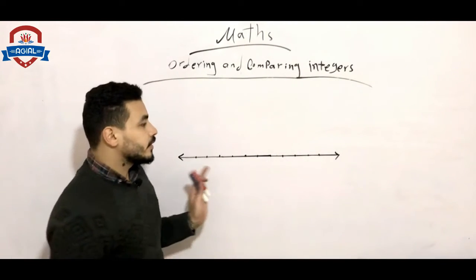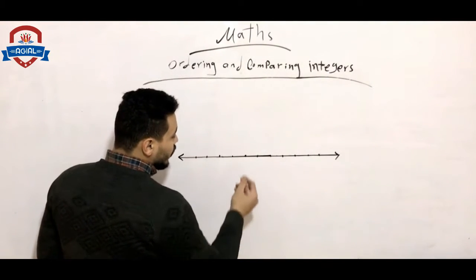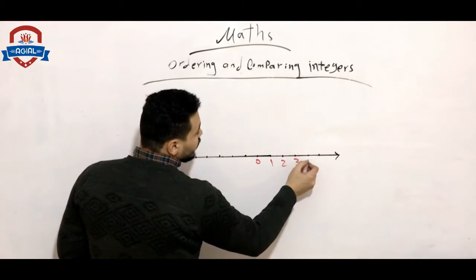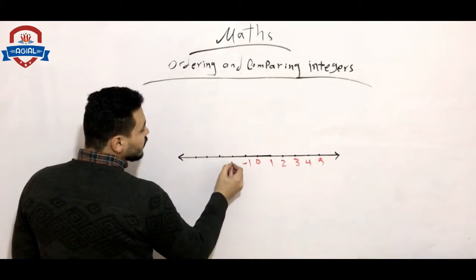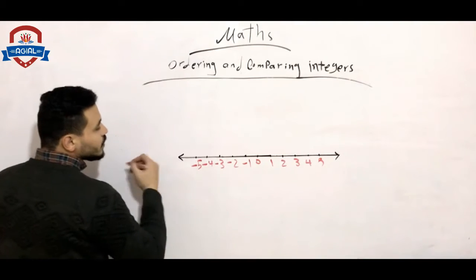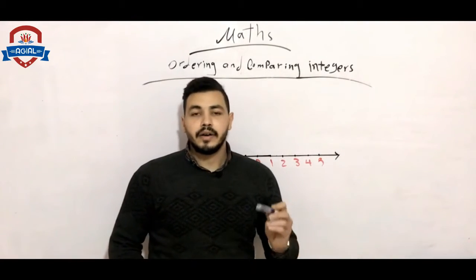If we represent the set of integers on the number line, we have the middle point O is 0, and on the right we have 1, 2, 3, 4, 5, and so on, and on the left we have -1, -2, -3, -4, -5, and so on. So the set of integers is ordered.